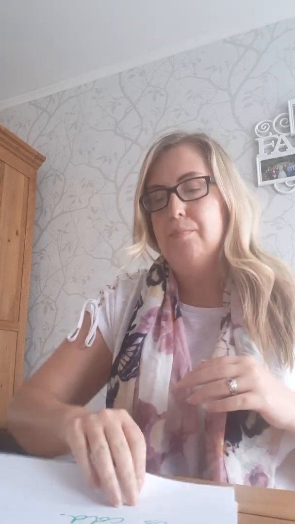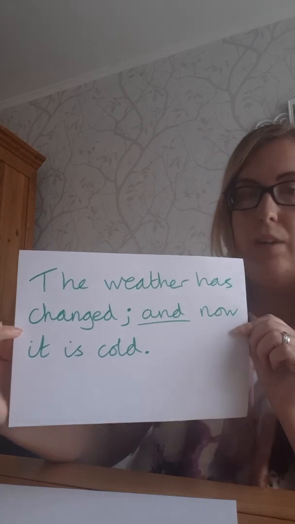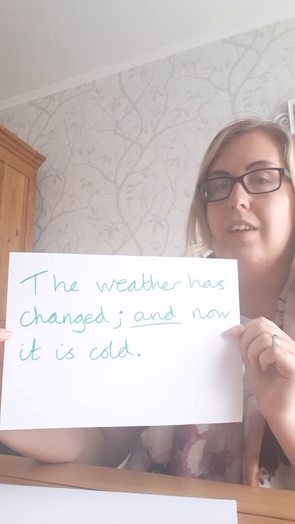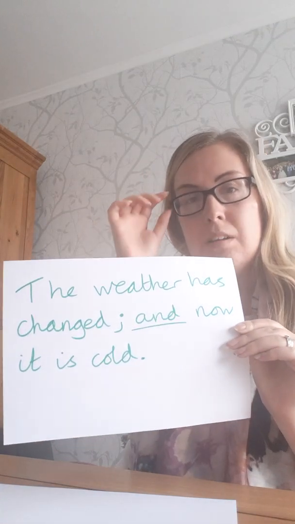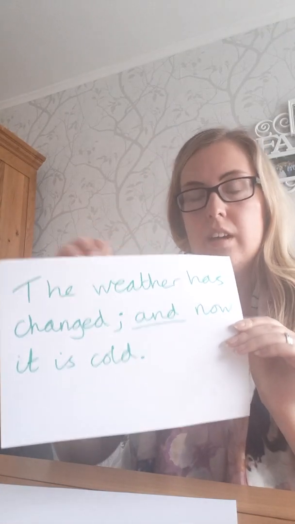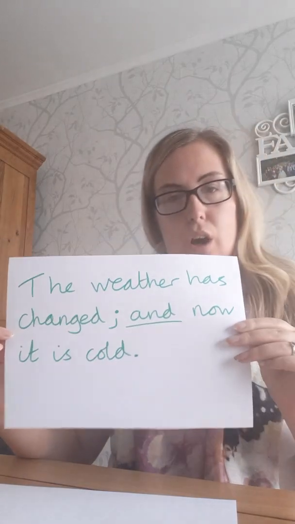Let's have a little look at a couple that wouldn't be right, just to give us a bit of an idea. This one here has got an error in it, which I have already underlined for you. The error here is that when two sentences were joined, they weren't complete sentences on their own. The weather has changed and now it is cold.